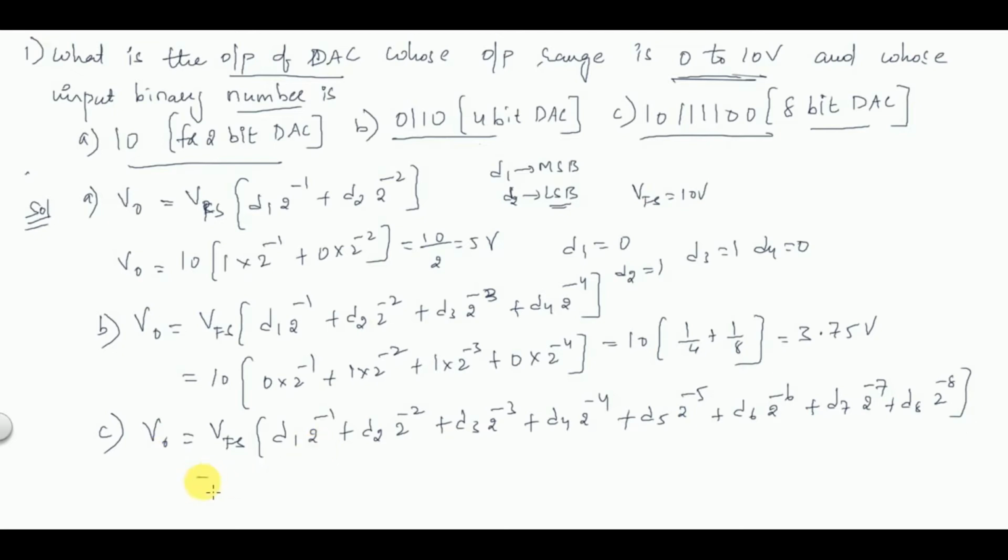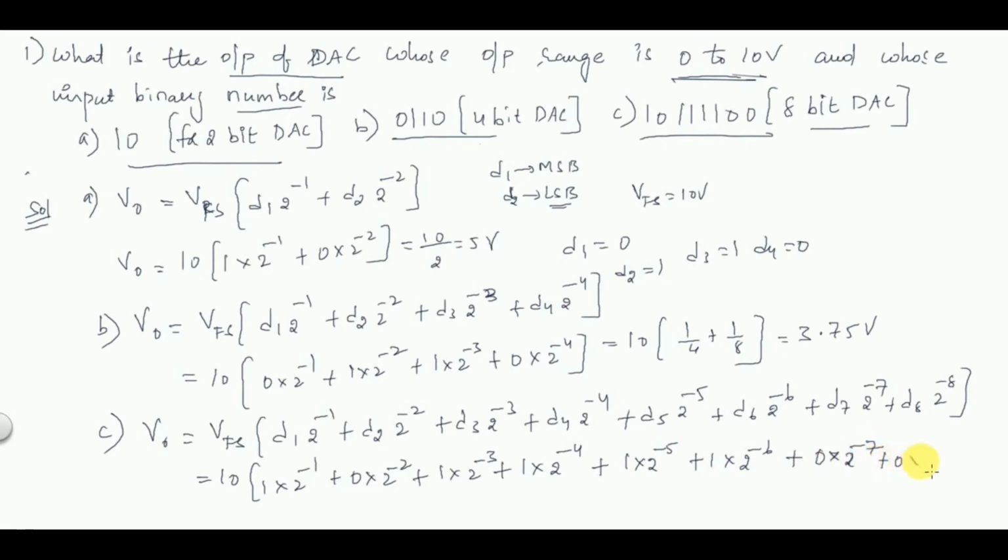So VFS is given by 10 volts, 10 into D1 is 1, so 1 into 2 to the power of -1 plus 0 into 2 to the power of -2 plus 1 into 2 to the power of -3 plus 1 into 2 to the power of -4 plus 1 into 2 to the power of -5 plus 1 into 2 to the power of -6 plus 0 into 2 to the power of -7 plus 0 into 2 to the power of -8. Just solve using a calculator, so you'll get around 7.34 volts. Okay, so this is how we can find the output if digital data is given and your full scale rating is given.